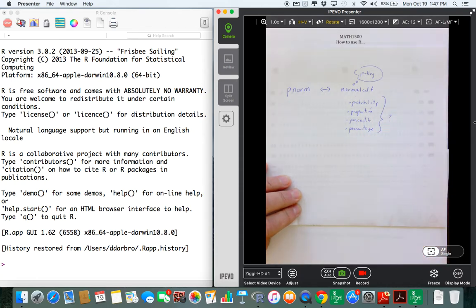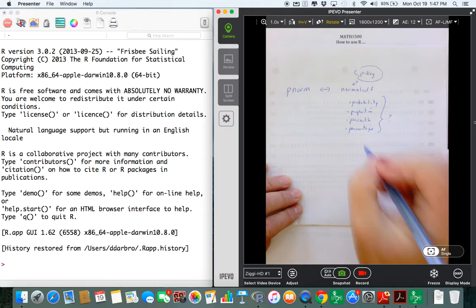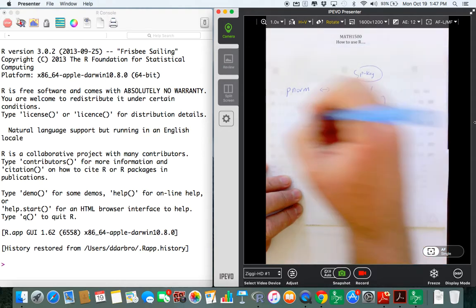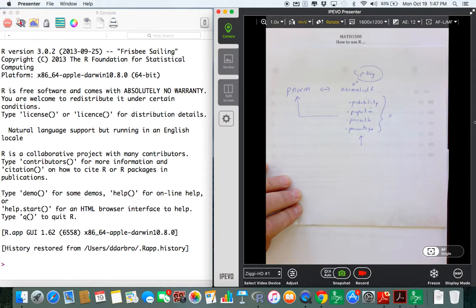It's not that the problem includes those words, but if you're being asked to find a probability, a proportion, a percentile, or a percentage, you use this key. Hence, in R, you use the pnorm.